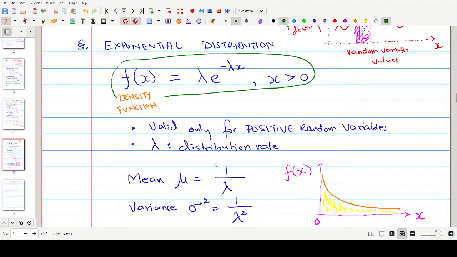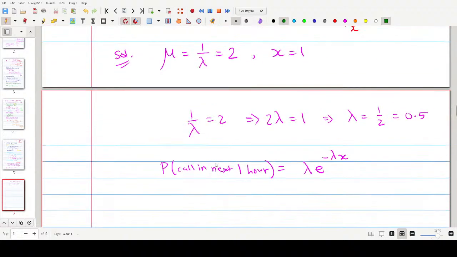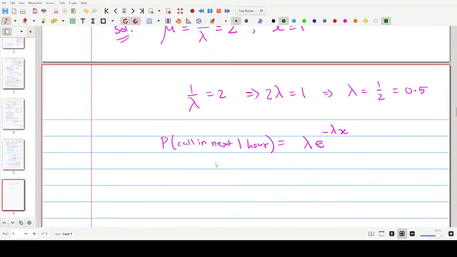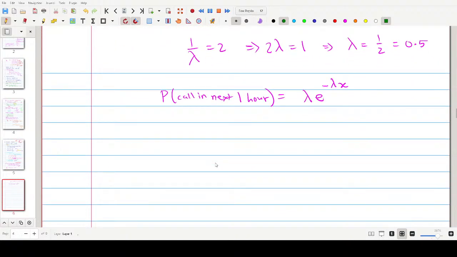We have the value of lambda as 0.5, and x as equal to 1. So let's substitute those values. So lambda is 0.5 multiplied by e raised to the power minus 0.5 multiplied by 1. So it's 0.5 multiplied by e raised to the power minus 0.5 again.